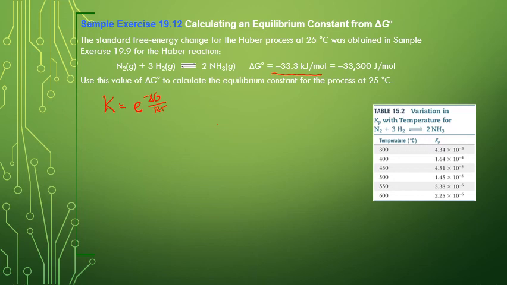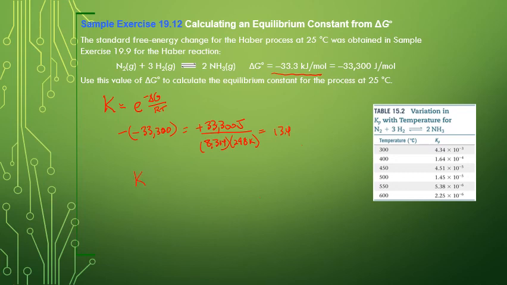So when I look at this problem, I would have the negative of negative 33,300, so that's going to make that a positive 33,300 joules divided by 8.314 and 298 Kelvin. When I plug those values in, I end up getting 13.4 for that value.